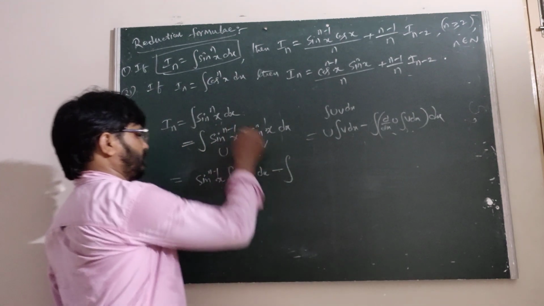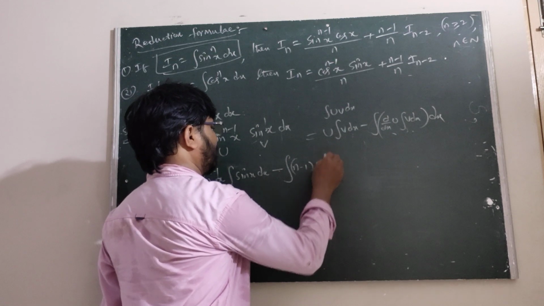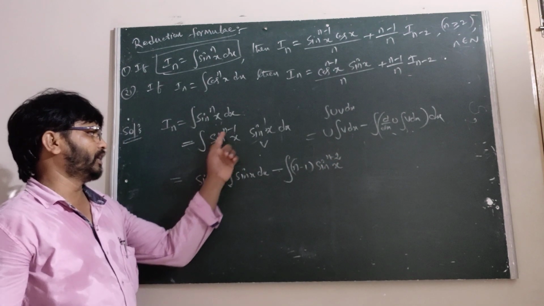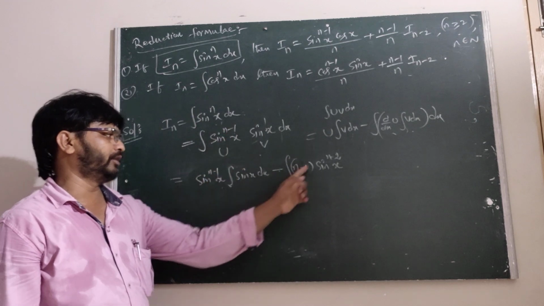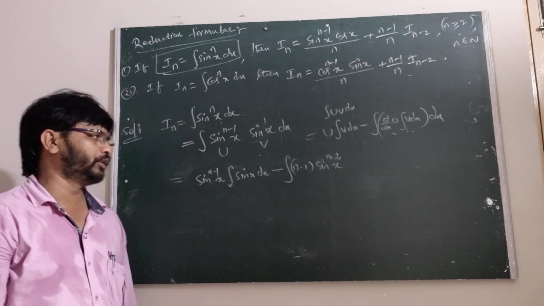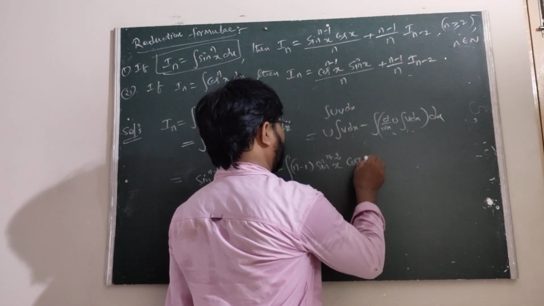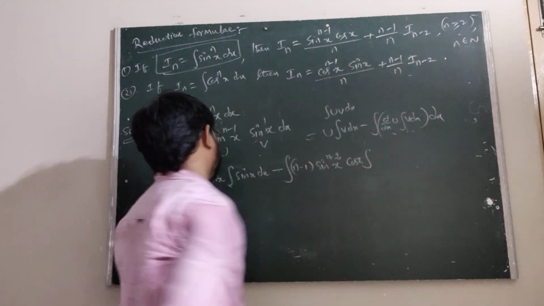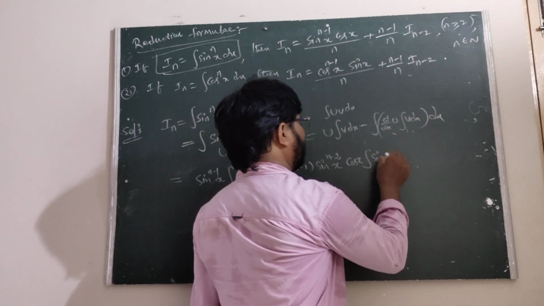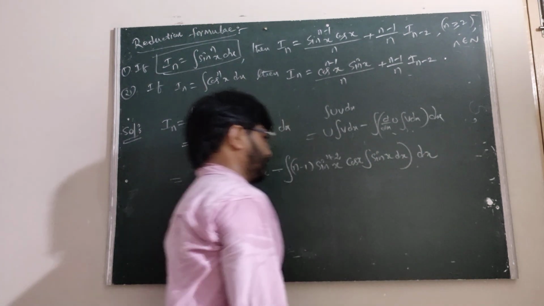The derivative of the first is n-1 into sin^(n-2) x into cos x. Is it clear? The derivative of x^n we know is n into x^(n-1). The derivative of sin x is cos x, and the integral of sin x dx, whole of dx.